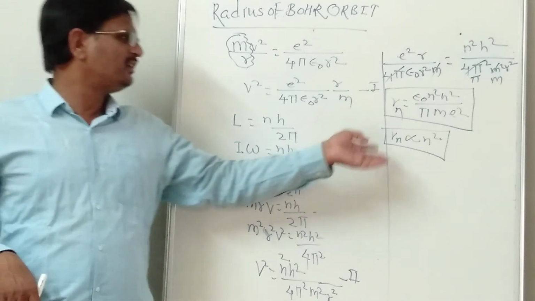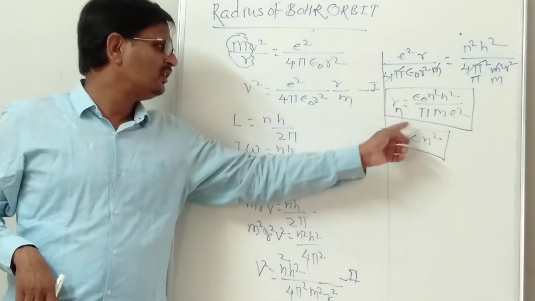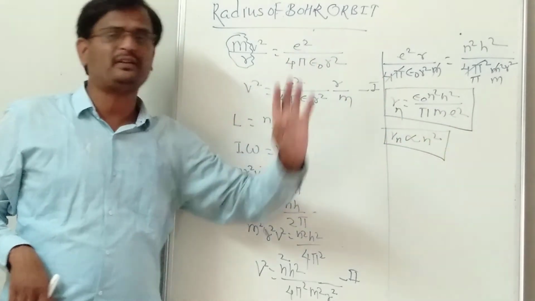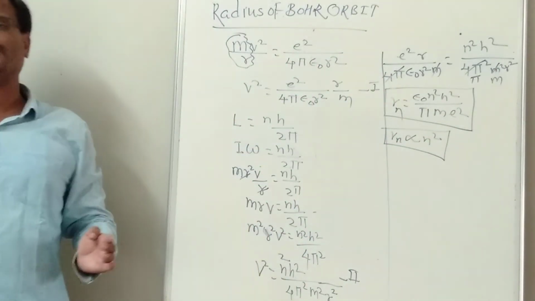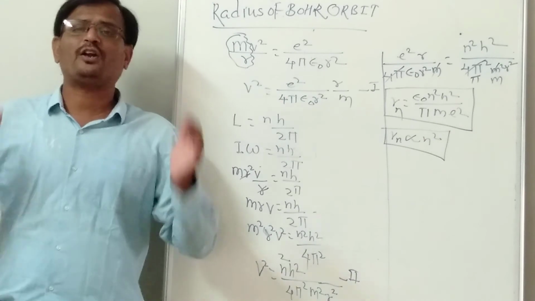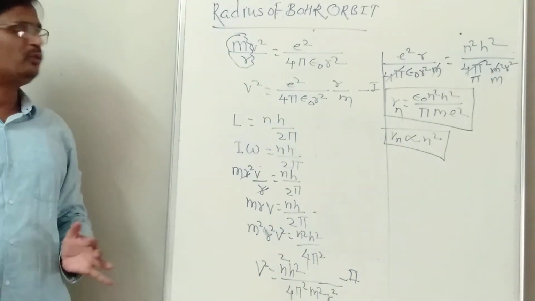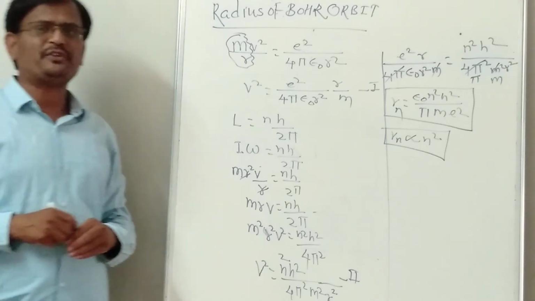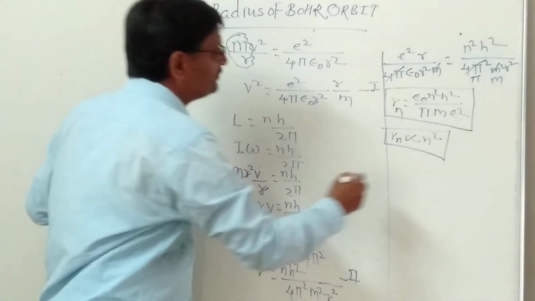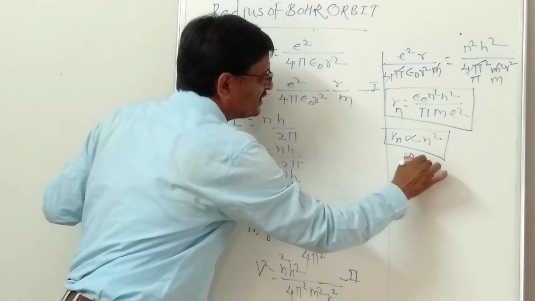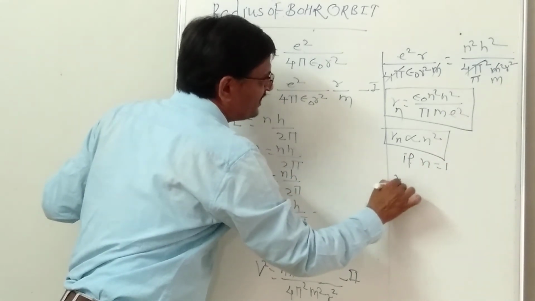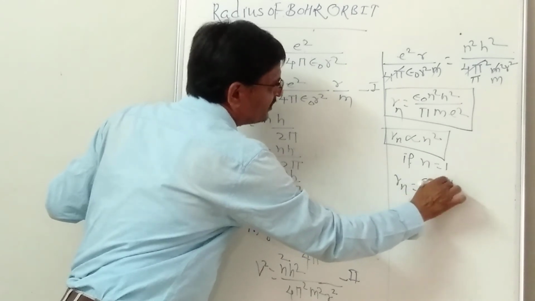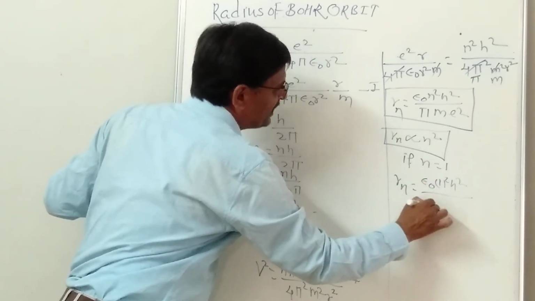From this equation, all the terms are constant. Only the radius of the nth Bohr orbit is directly proportional to n². That is, the radius of the nth Bohr orbit is directly proportional to the square of the principal quantum number. If I put n is equal to 1, then we can write rn is equal to ε0 h² upon πme².